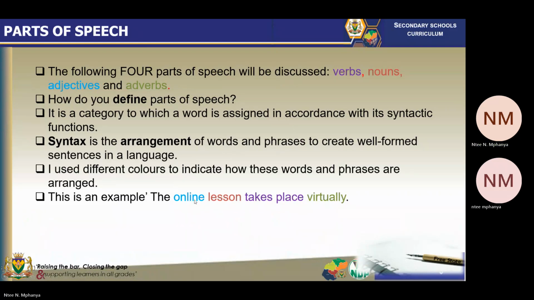Firstly, we have the word online, which is an adjective. We have the word lesson, which is a noun. We have a phrasal verb, takes place, which indicates a verb. Why a phrasal verb? Because it is made out of more than one word. And then lastly, we have virtually, which is our adverb.